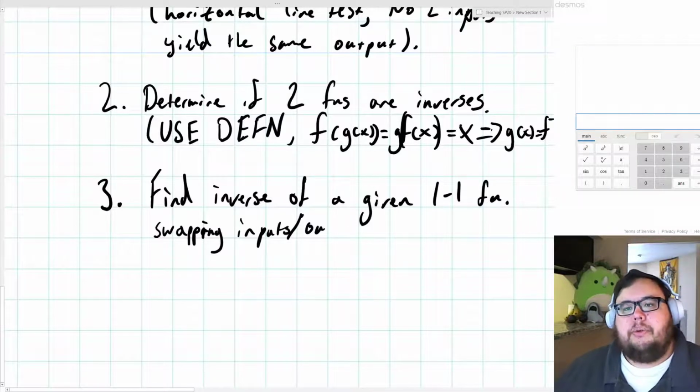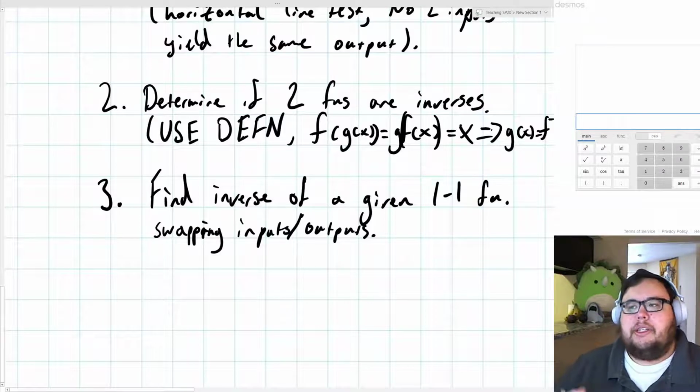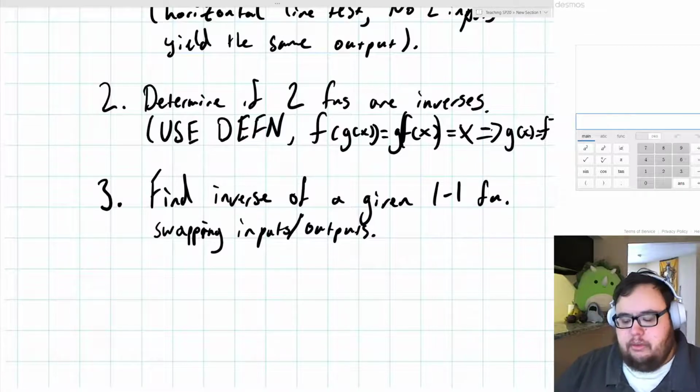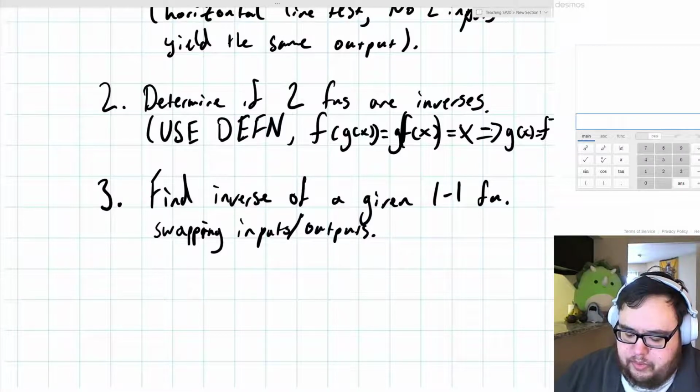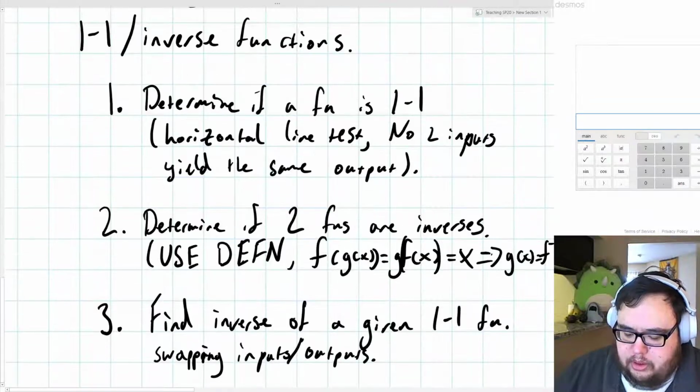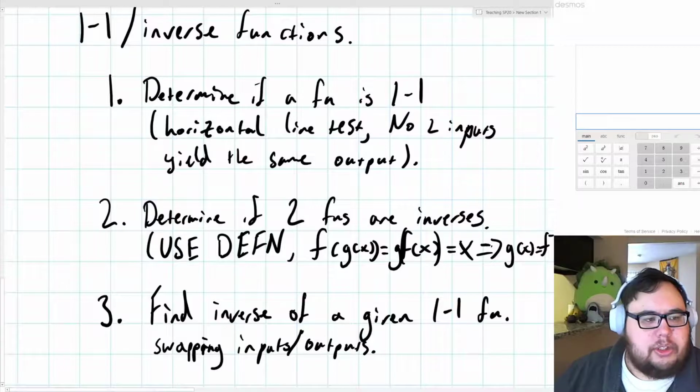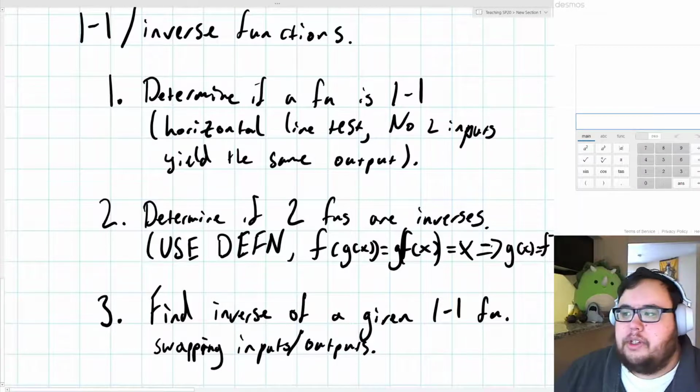That was the process where we took f of x equals blank, rewrote it as y equals blank, switched the y's and the x's, and then solved for y again. So that's most of the big 3 things I'm concerned about for one-to-one and inverse functions.